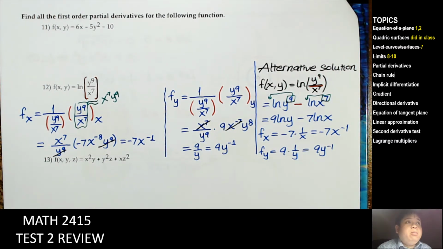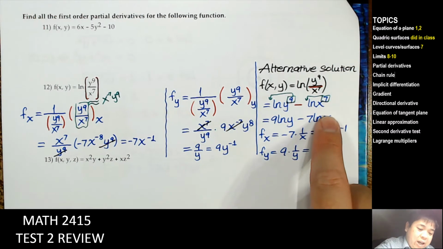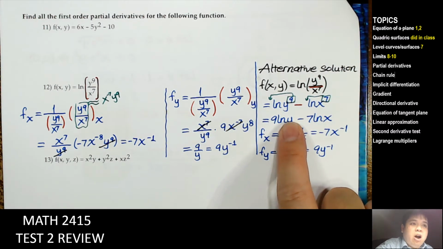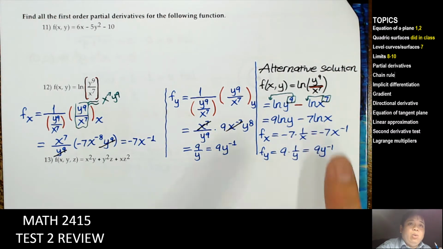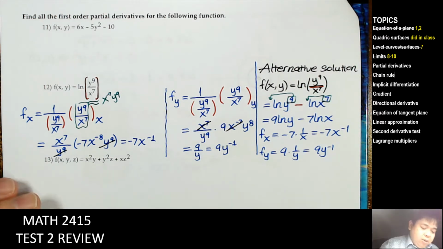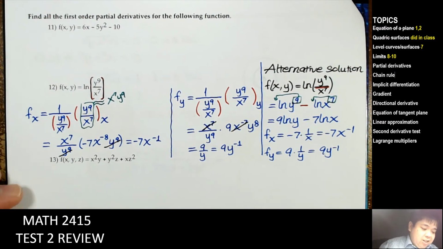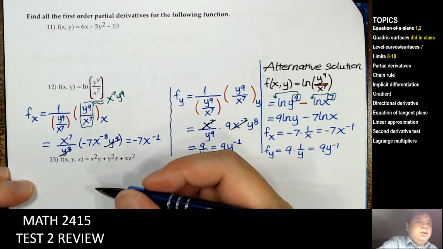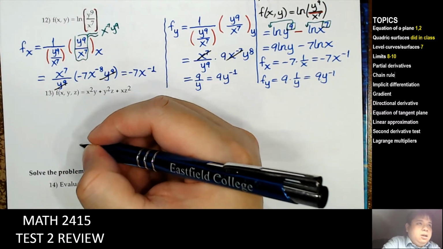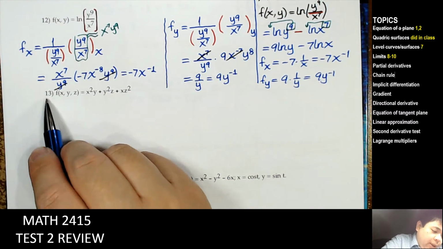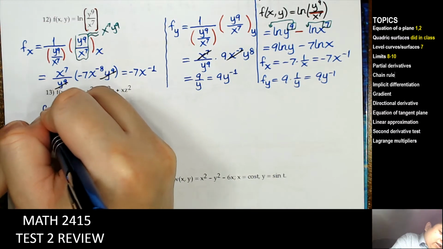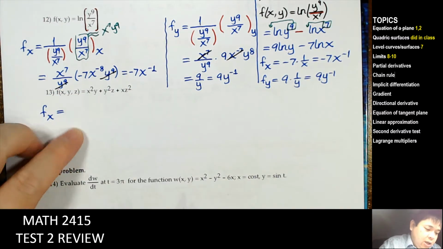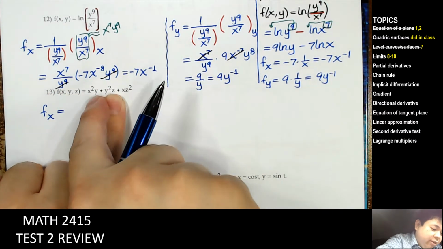So the rules of partial derivative. With respect to x, we will treat y as a constant. With respect to y, we're going to treat x as a constant. Right, now we go to 13. Right, 13. Derivative with respect to x. This one has an x there.